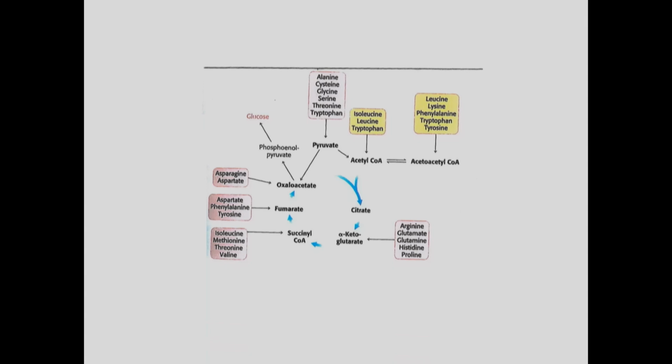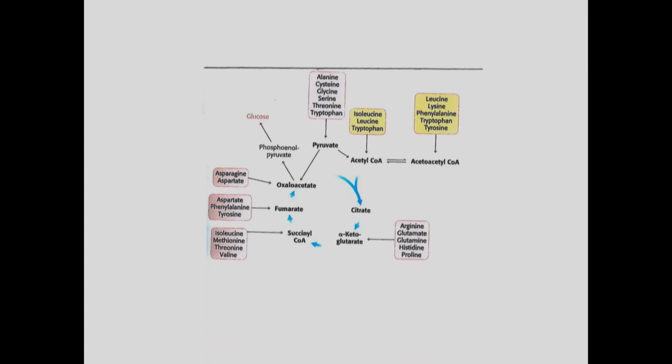If you look through the slide, what you'll find is that tyrosine and isoleucine are turned into ketones, but they can also be turned into something that can be used to make glucose, and so they're referred to as both glucogenic and ketogenic.